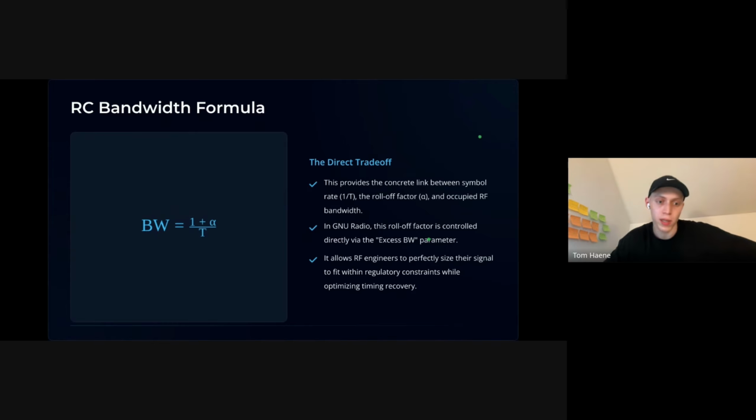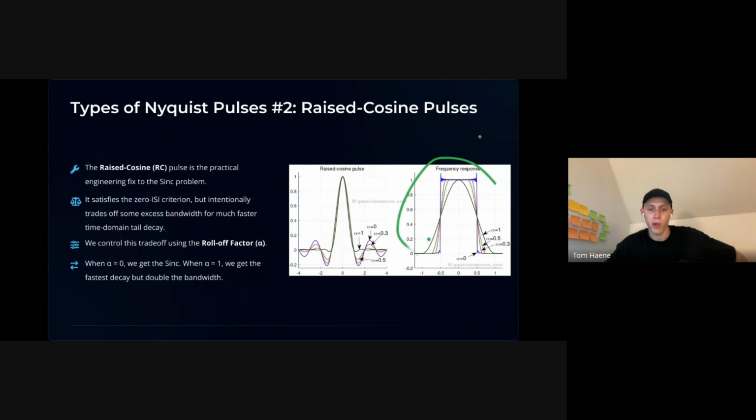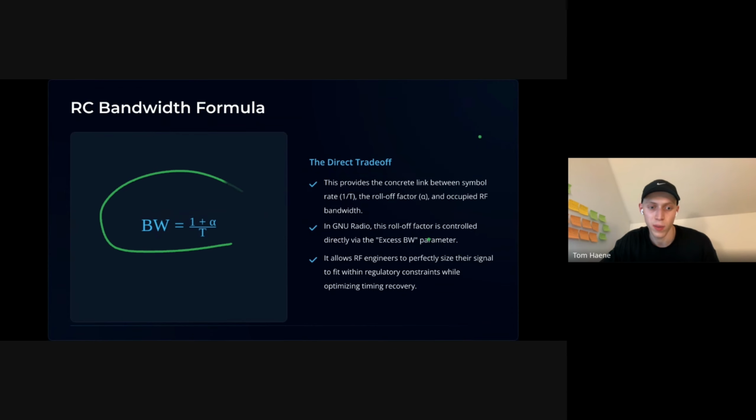So this is the formula. On the right here, you can see the frequency domain looks of the raised cosine pulse for different alphas, and there's a way to calculate this based on the alpha. It's this formula. I've used this in a class I've taken, so it's probably a bit more theoretical. I doubt you'll need to use this for the radio stuff, but it's good to know.